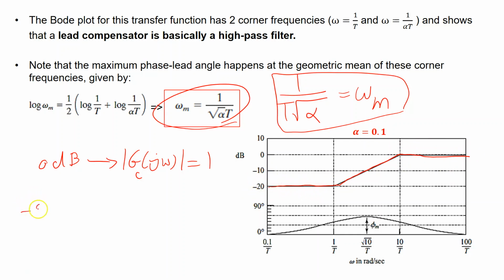It is something like negative 20 decibel. And negative 20 means the magnitude is what? Yes, it is 0.1. So it reduces the amplitude of input to 10% of it in the outputs.